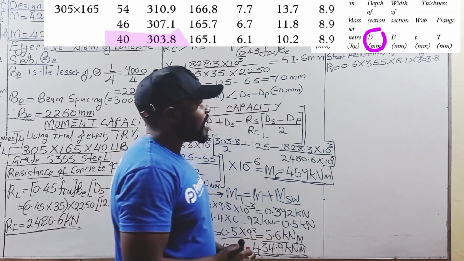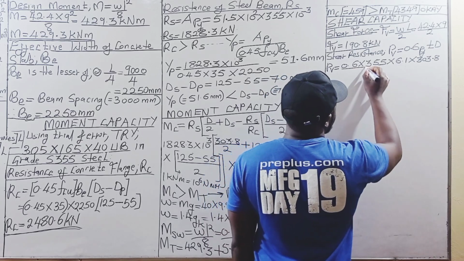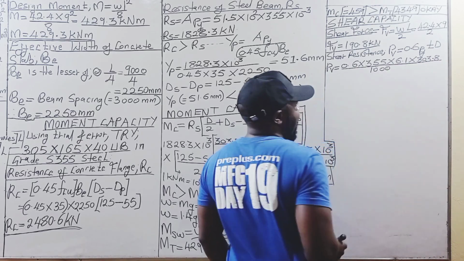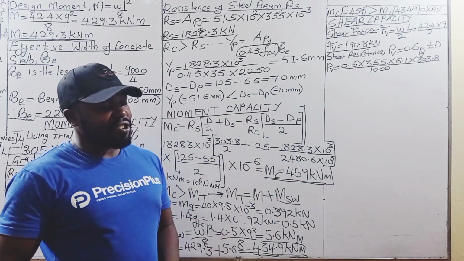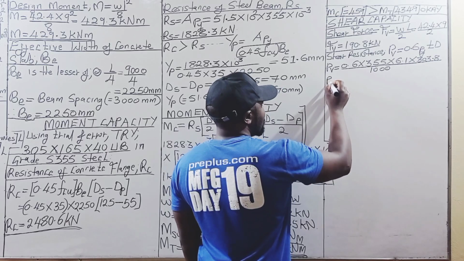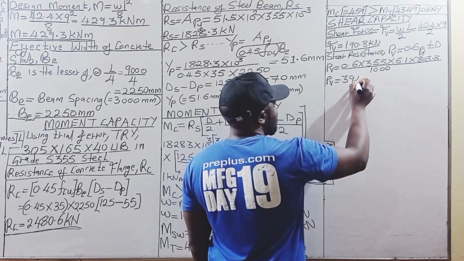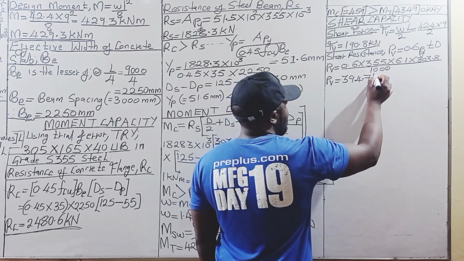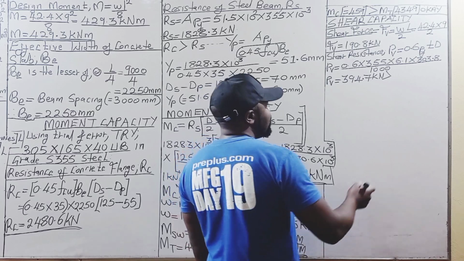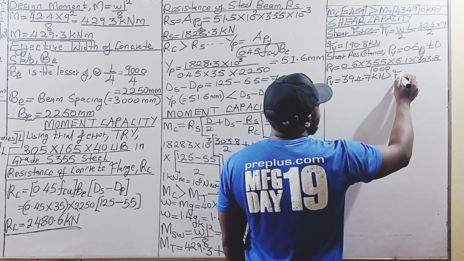We are going to get the answer in newtons, and therefore we need to convert it to kilonewtons. So we divide all this by 1,000, since 1 kilonewton is equivalent to 1,000 newtons. And by doing so, this is going to give us a shear resistance of 394.7 kilonewtons.